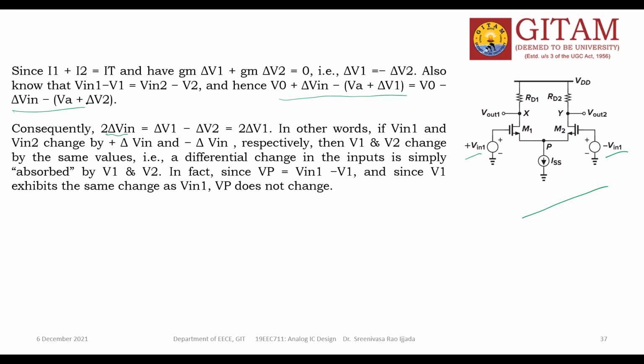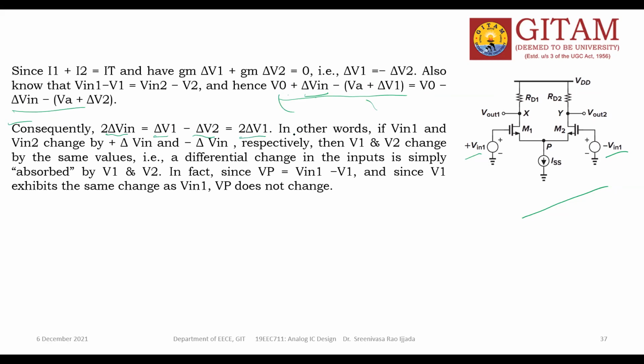Okay, 2 delta V in. This is delta V in, and here is one more delta V in. So this minus delta V in comes this side, this becomes plus delta V in, then it becomes 2 delta V in. So, this V naught, bring these terms to this side, then it becomes delta V1 minus delta V2 is equal to 2 times delta V1.